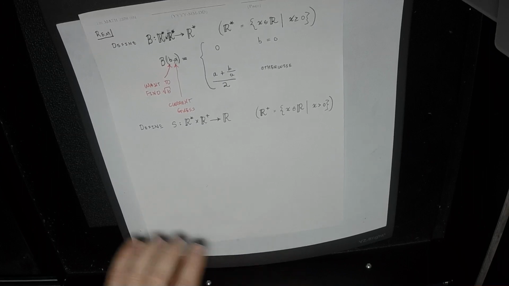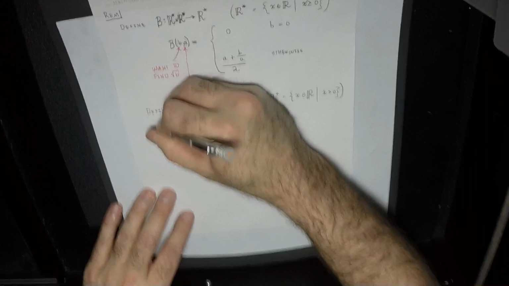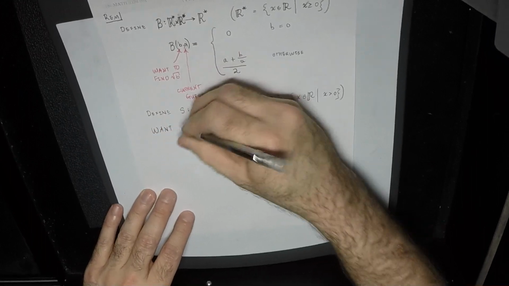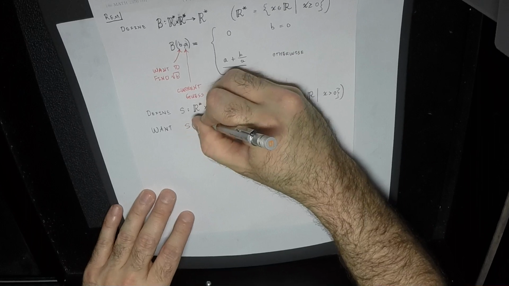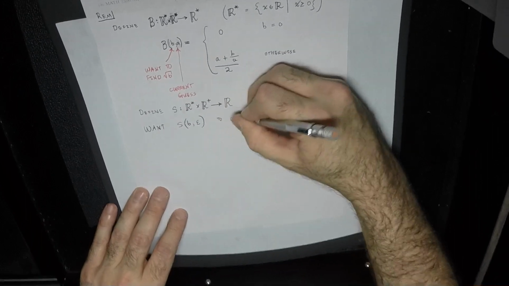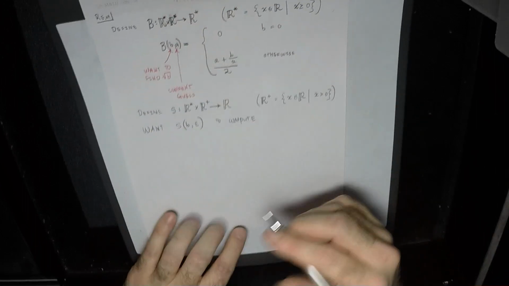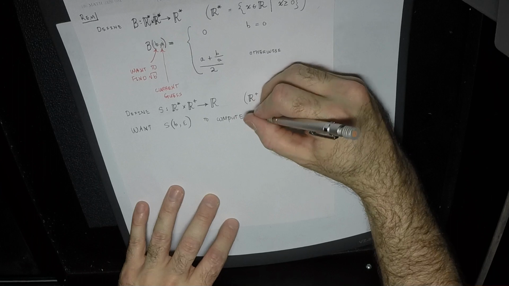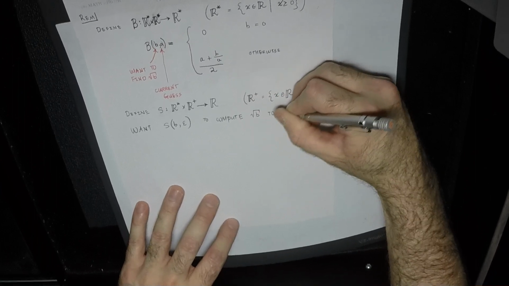Conceptually, what we want is S of b and epsilon to compute the square root of b to within epsilon.